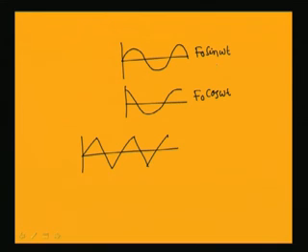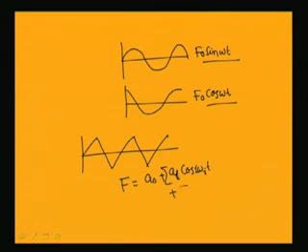So, we can convert this triangular wave by applying Fourier series to terms containing sine and terms containing cos, and we can write the resulting force equal to A0 plus summation Ai cos i omega t plus summation Bi sin i omega t.